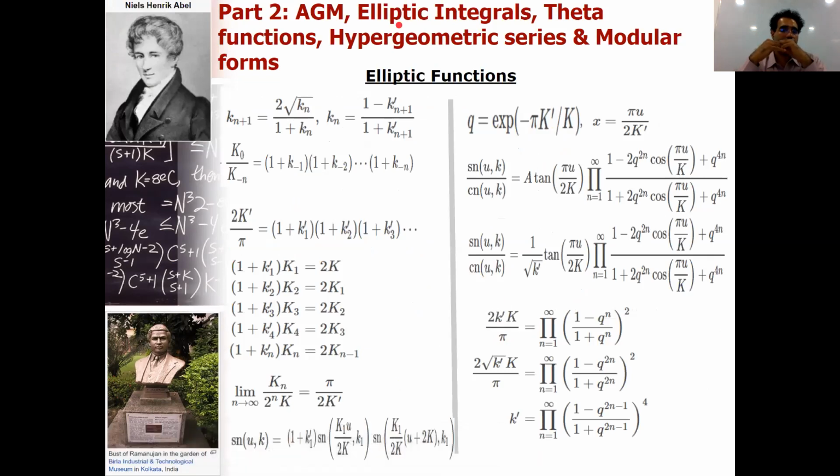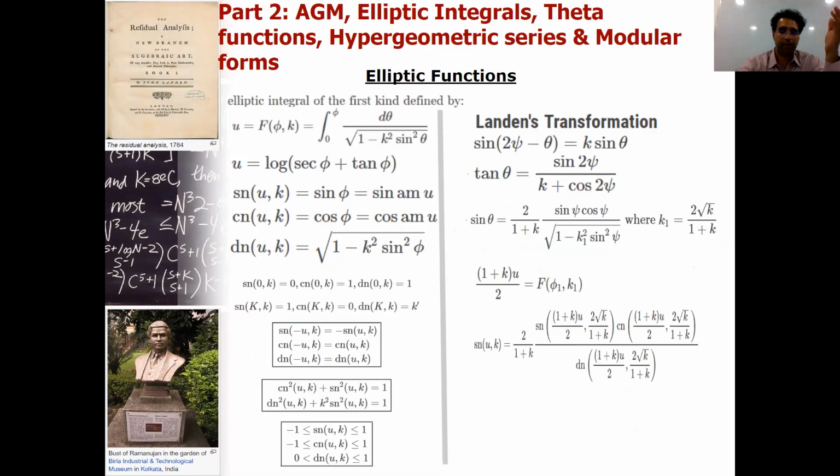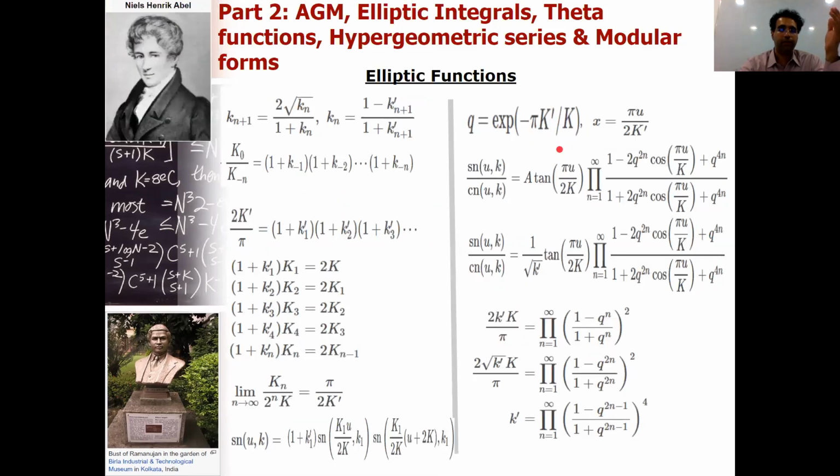And then we proceed further with the same elliptic functions, where we defined Sn, Cn, and Dn, and then we formed a relation between that and Sn u of k. And then what we do is we define specifically relations of k(n+1) in terms of kn. You also express kn in terms of k dash.